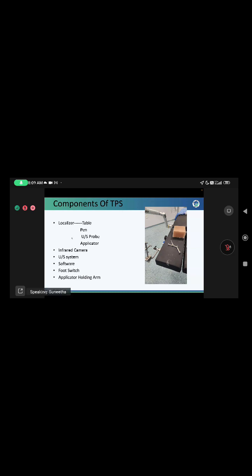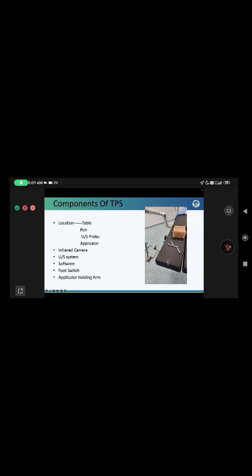So what is this TPS? It has a localizer everywhere. These are the localizers. There is an infrared camera which is stationed 1 centimeter from the operation table, which reads the surrounding in the operative area. It also will be capturing the operative bed. It captures the location of the table.